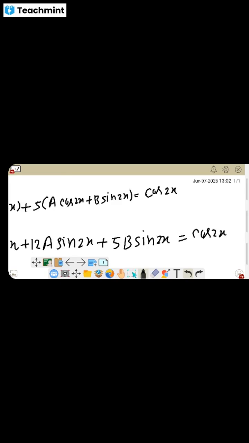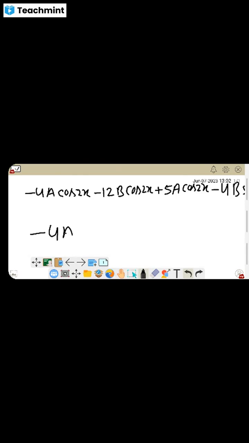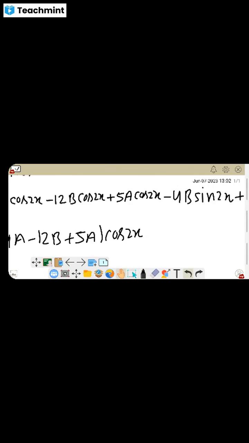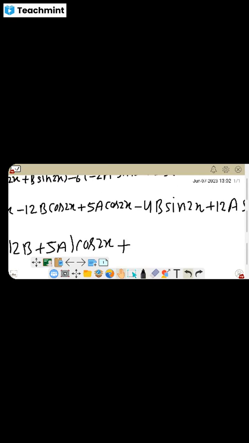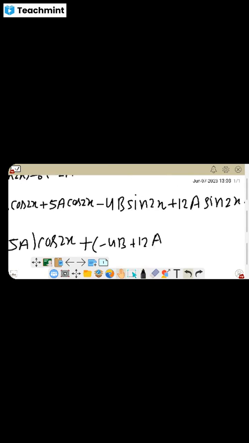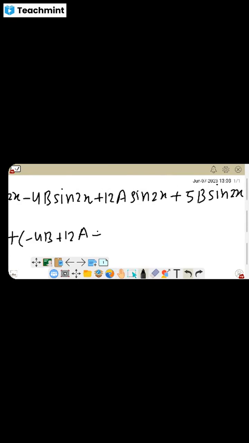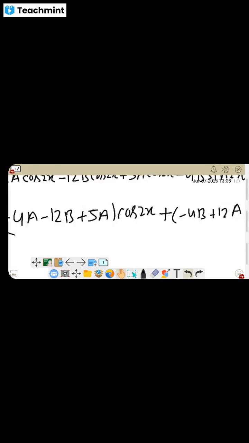Now let us take common. Here we have minus 4a minus 12b plus 5a, and cos 2x is common. And here minus 4b plus 12a plus 5b, and sine 2x as a common, is equal to cos 2x. We are just simplifying.